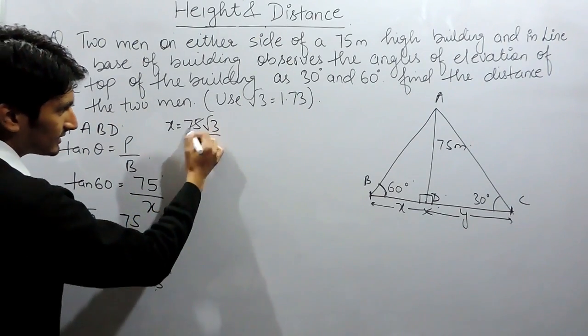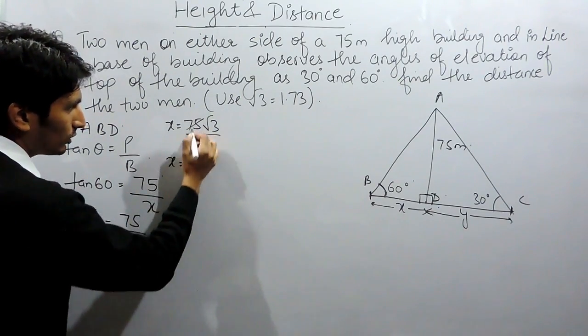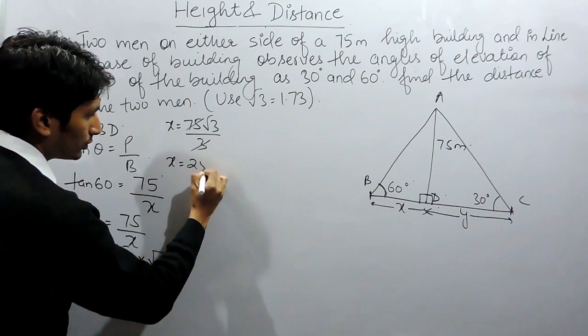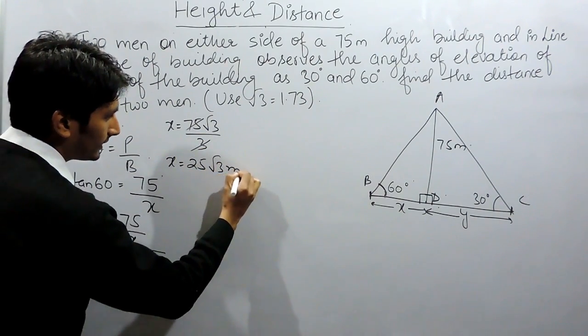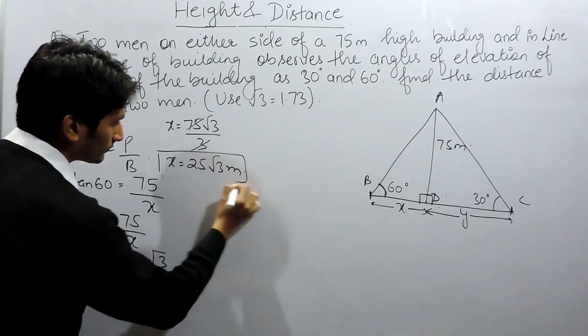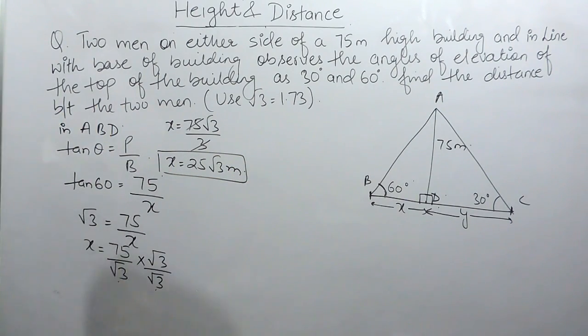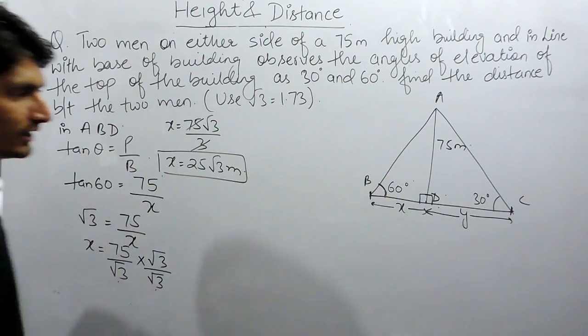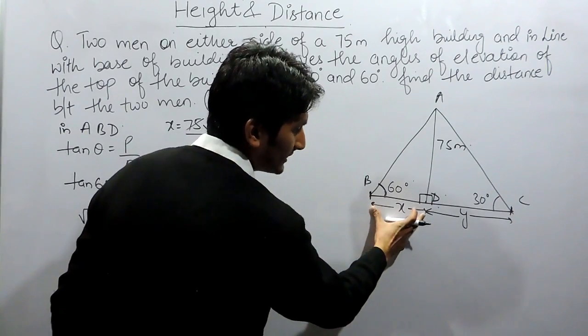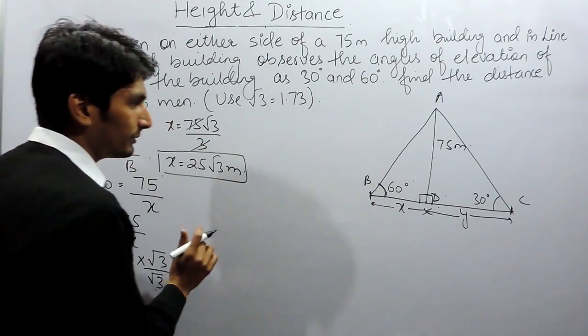If I cancel this out, the value of x will be equal to 25 root 3 meters. So the distance between this point and this point is 25 root 3 meters.